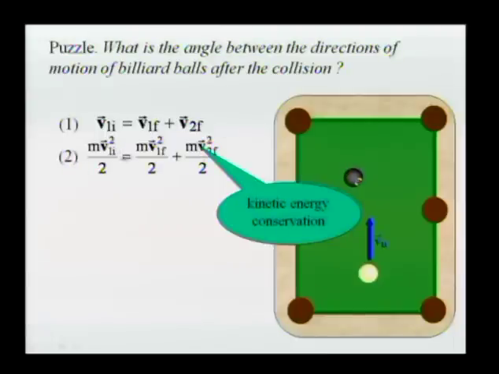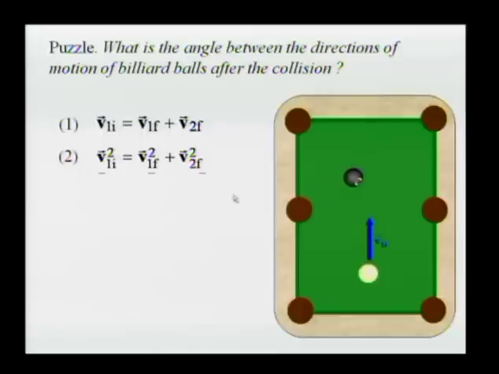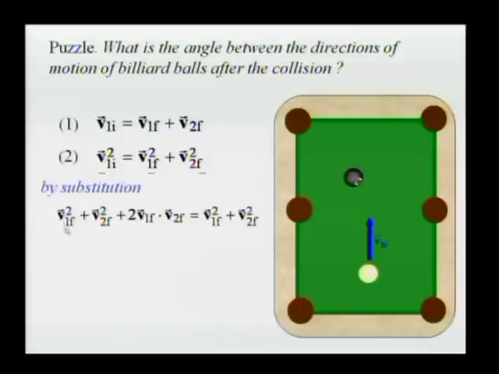Now, if I substitute this expression over here, oh, by the way, masses are equal, so I can cancel them out, and now I can substitute this sum over here. So I will get this expression, and if I eliminate similar terms on both sides, I will conclude that the scalar product of the final velocities has to be 0.